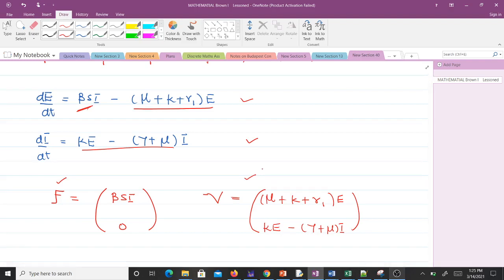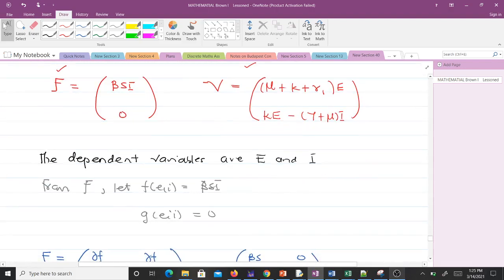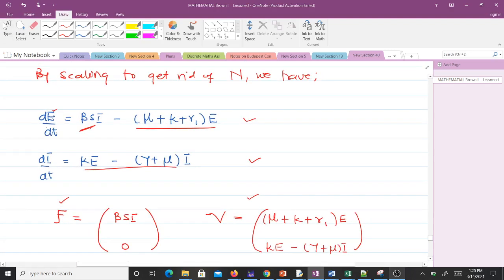So from here, we are supposed to form our matrices F and V. So the dependent variables are E and I. Okay, you can see we have E here and we have I here. That means since we have 2 dependent variables, we are going to have partial derivatives because we will differentiate partially with respect to one and with respect to the other one too.